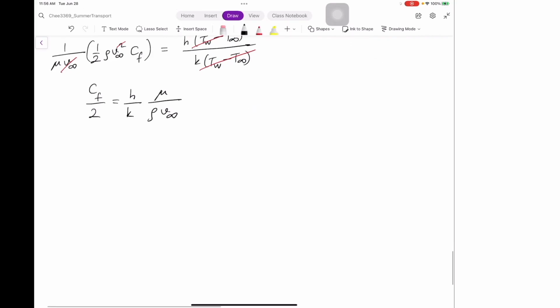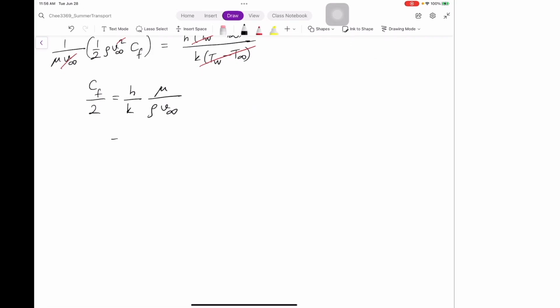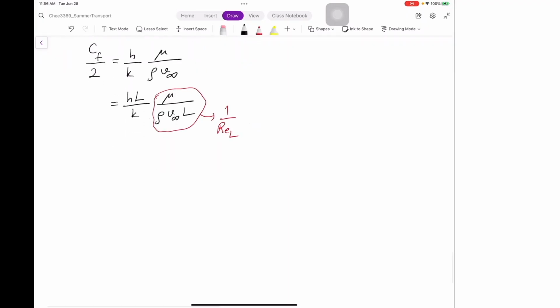Okay, and this is equal to H times, let's multiply it by L and divide by L because I want to make it look like the Reynolds number. And as you can see, this is 1 over Reynolds number L. So this is equal to HL over K. And I want to actually name it.